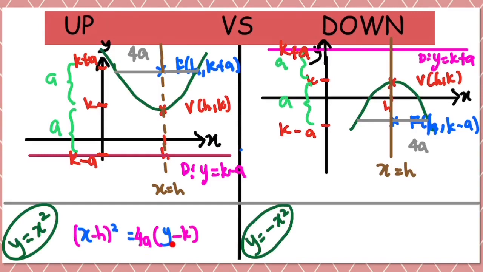And you need to multiply 4a in front of your linear y here. And this a is actually the distance from vertex to your directrix, and also the distance of your vertex towards your focus. So this is a here. So that is the general formula of parabola opening up.